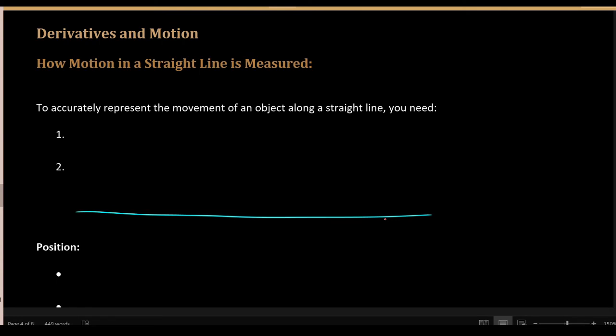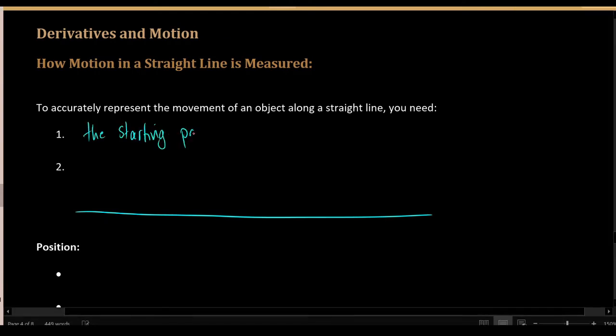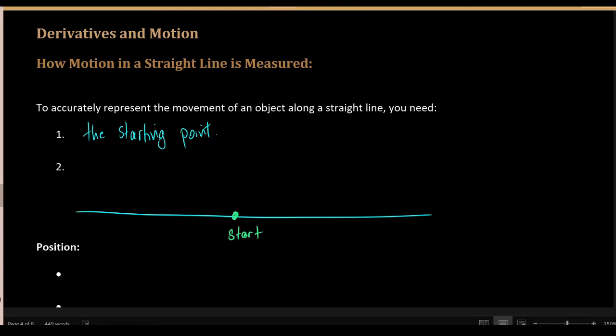Now, when you represent the movement of an object along a straight path, you need to make two decisions. The first thing that you need to decide is what the starting position on this path will be. For example, you might decide at random, I decide that the starting position is right here. You also need a sense of which direction along the line represents quote-unquote forward.